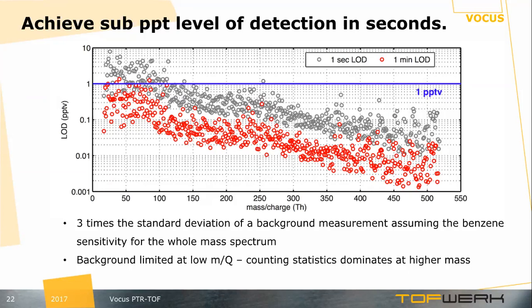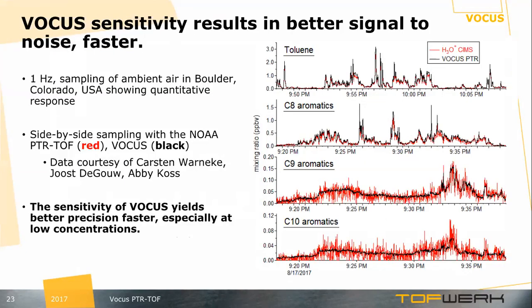So if we look at some real world examples, we can look at a side-by-side comparison with the NOAA instrument, the H3O plus CIMS. This data comes from Carsten Warneke, Joost de Gouw, and Abigail Koss, who made measurements with the Vocus side-by-side with their instrument in Boulder, Colorado.